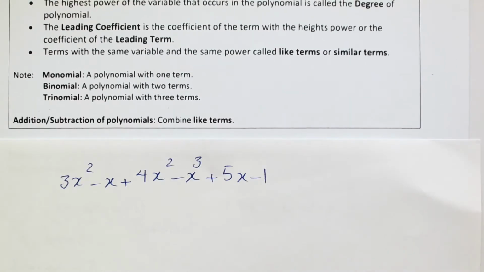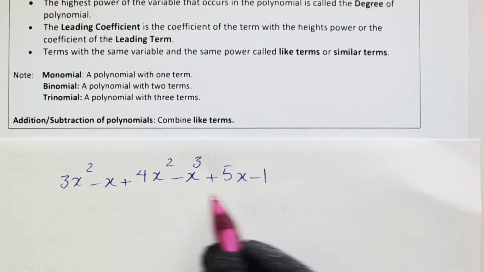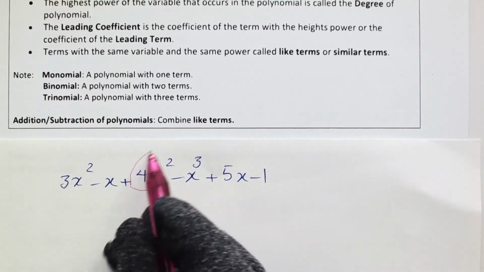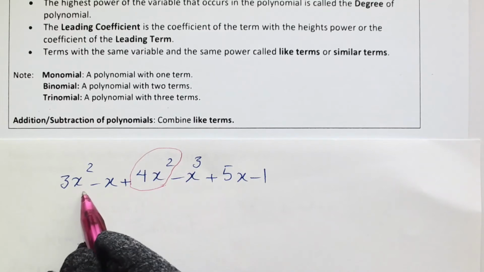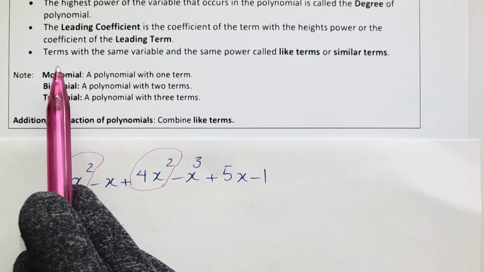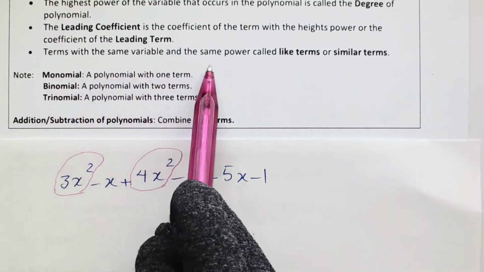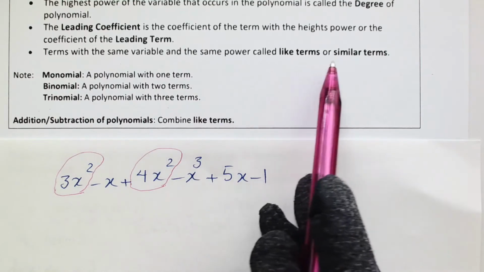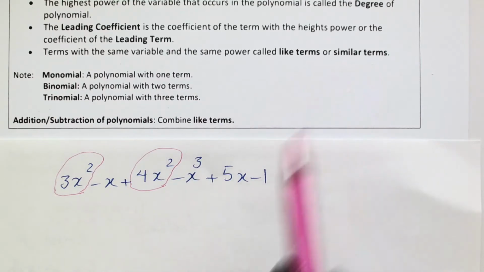In polynomials, terms with the same variable and the same power are called like terms or similar terms.